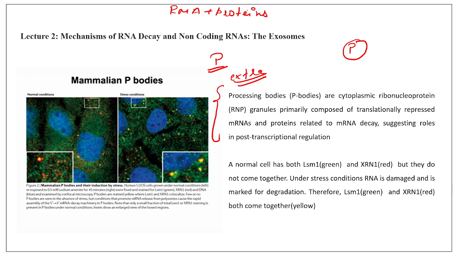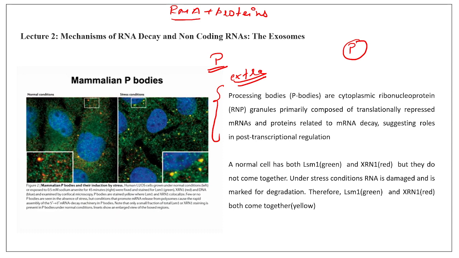But there is a twist. What is the twist? It has only those RNAs which are translationally repressed. That means it has those RNAs which are prone for degradation, or which have to be degraded.